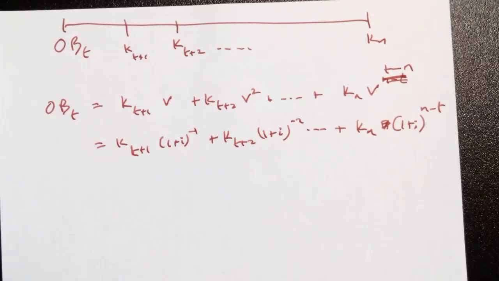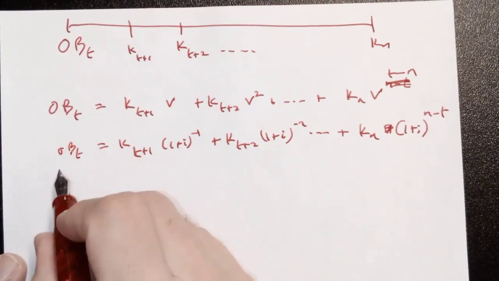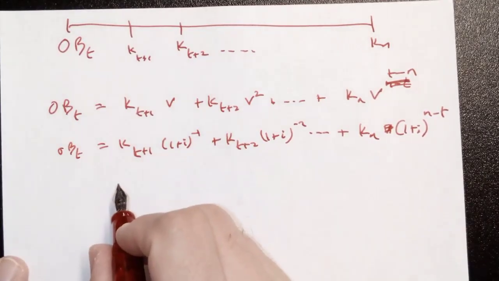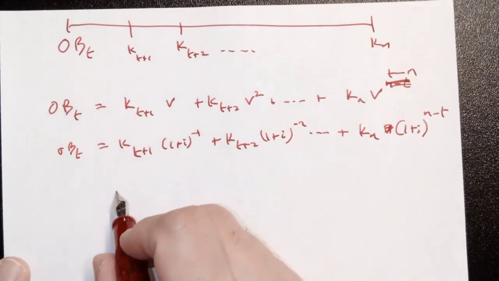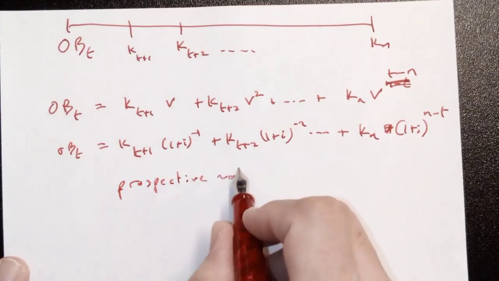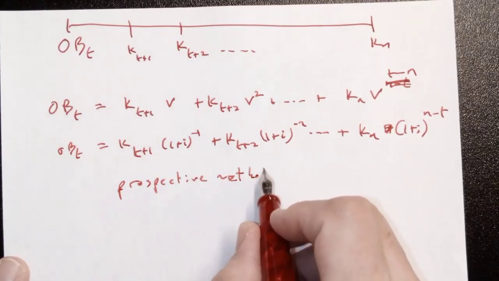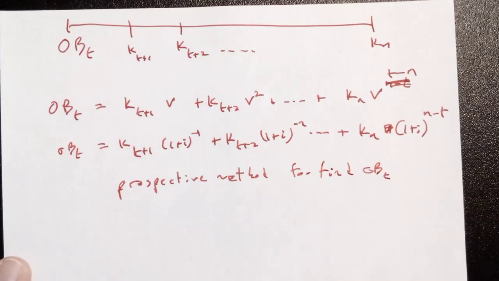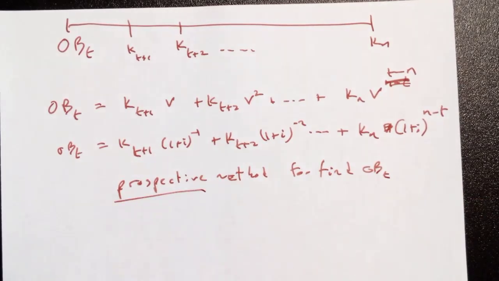So if I'm bringing the future payments back to today, I'm looking forward in time to figure out today's value. I'm looking at the things that are going to come in the future. This is called the prospective method for finding OBT because I'm looking forward, prospect versus retrospect.